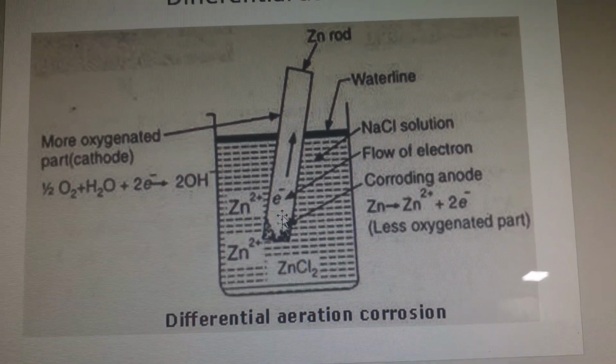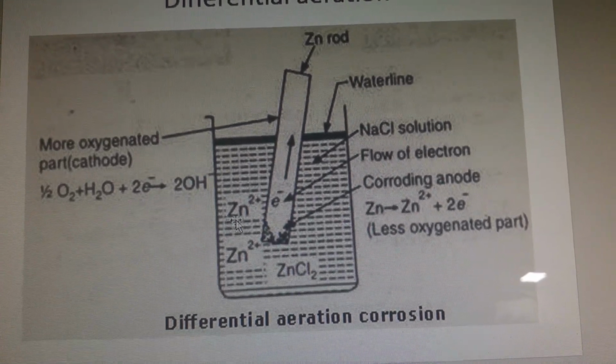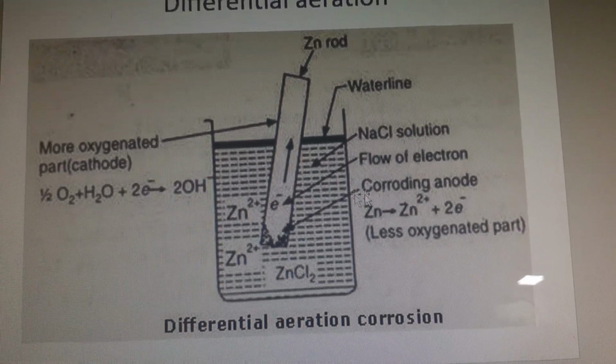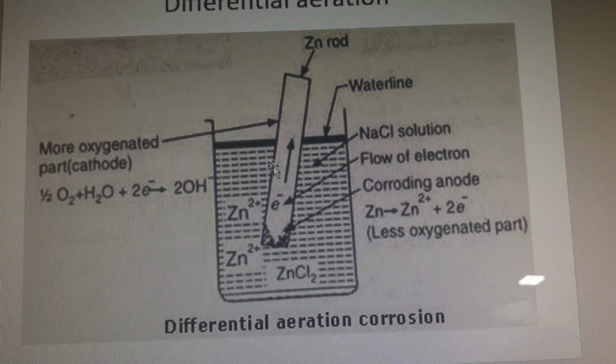Now let's see how the corrosion takes place over here. Here we don't have different electrodes, so the difference in oxidation is not because of the difference in the potential of the metals. Now what is the difference over here?